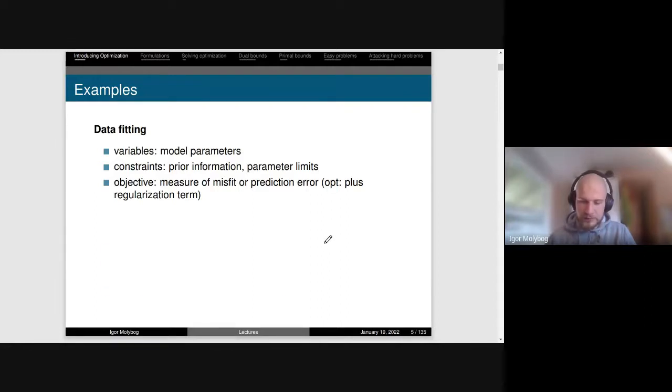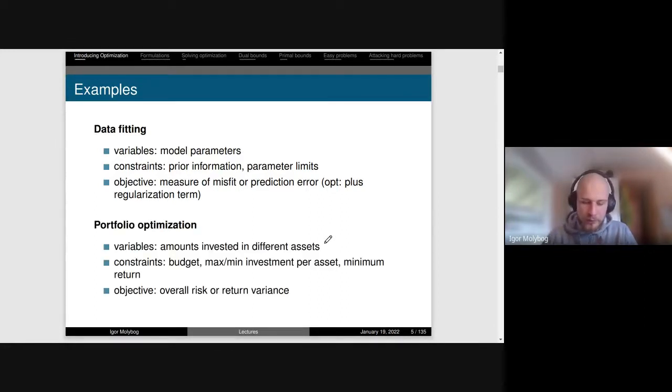The two examples that we can provide are the problem of fitting of data, and portfolio optimization. In case of fitting of data, our variables would be the parameters of the model.